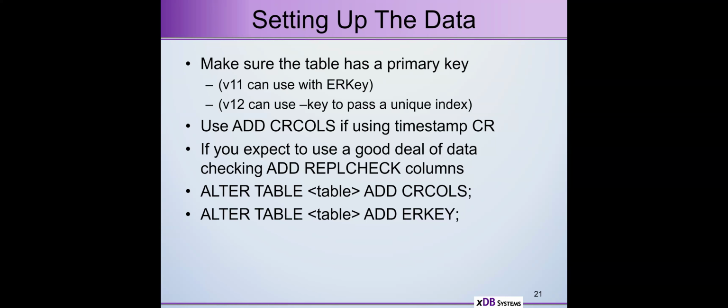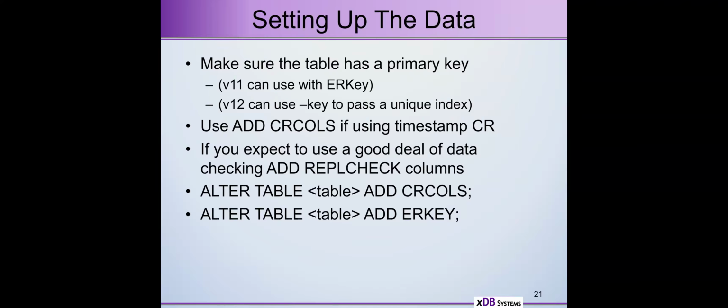This will add shadow columns with a unique identifier. So if you can't add a primary key and you don't have the ability to do a unique index on the table, you can use add ER key to add a unique value without actually changing the columns that an application would see pulling from the table. So they are there automatically.